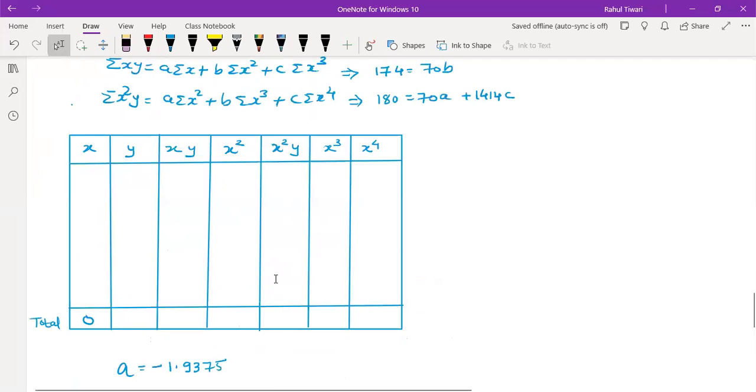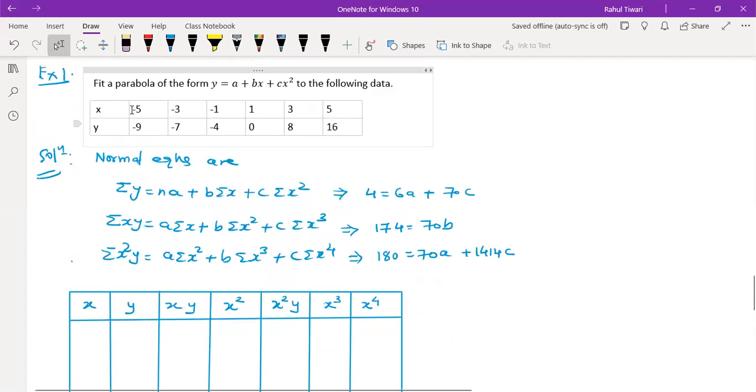So go to your calculator and feed these values as given here on the screen.